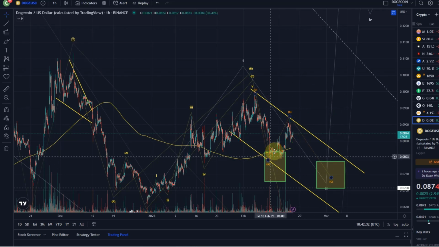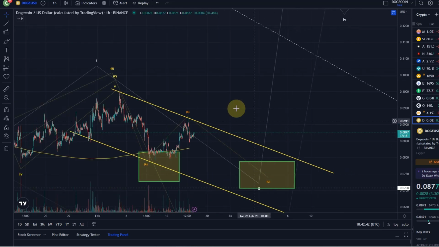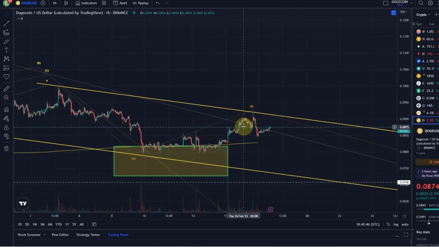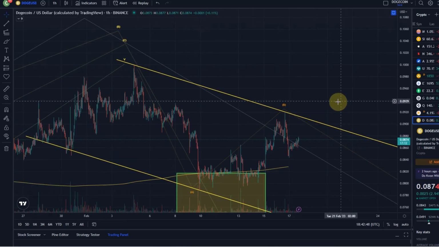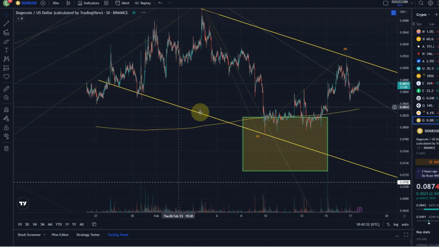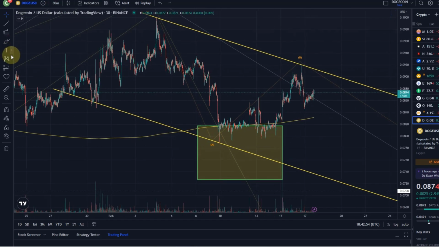I can just tell you, due to the overlap here as well, this does not look impulsive. The best Elliott wave can tell us at the moment is that the move up looks corrective, and that the move down, as you can see here, looked quite impulsive. And I can really only count 3 waves up in the B wave.